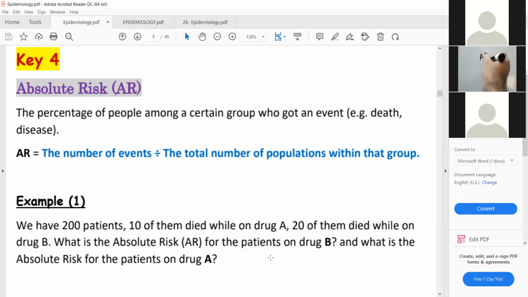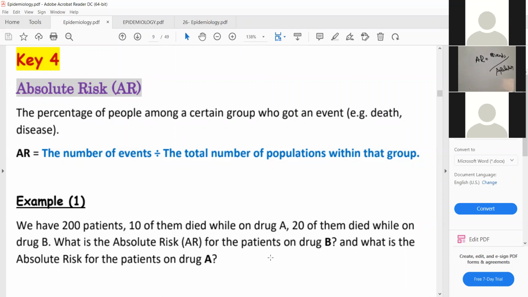So absolute risk is number of events divided by population. So it could be anything like death or whether disease. Yes, it could be anything like that.